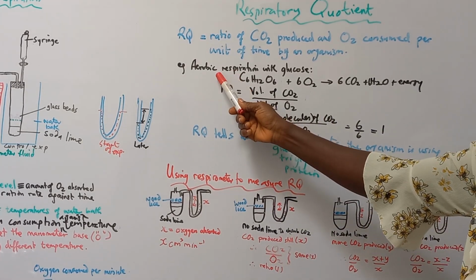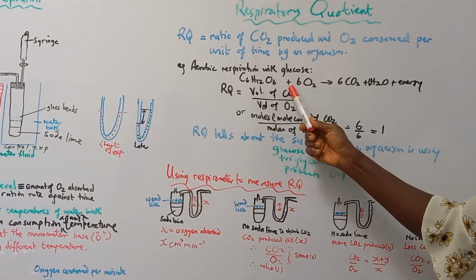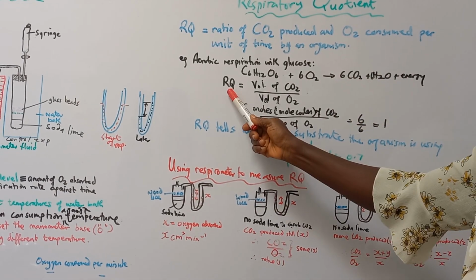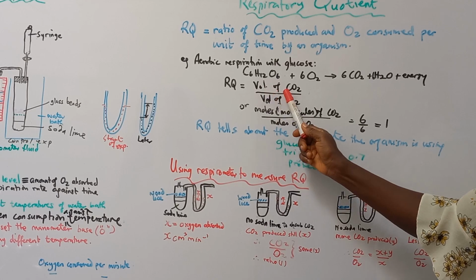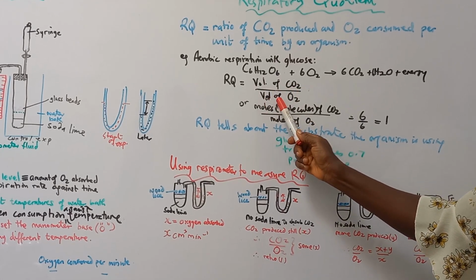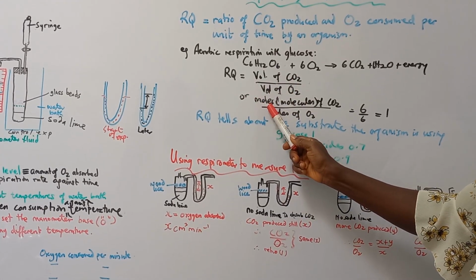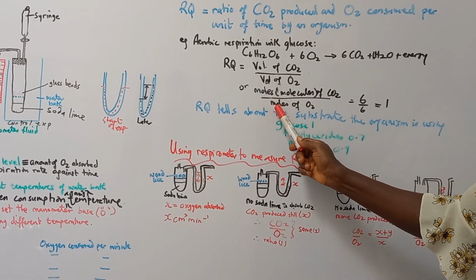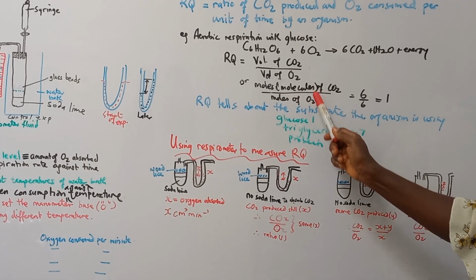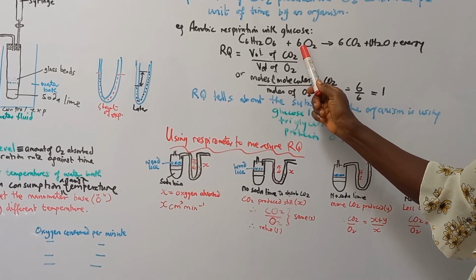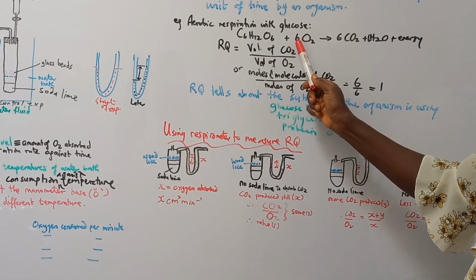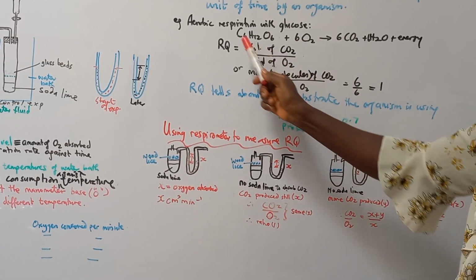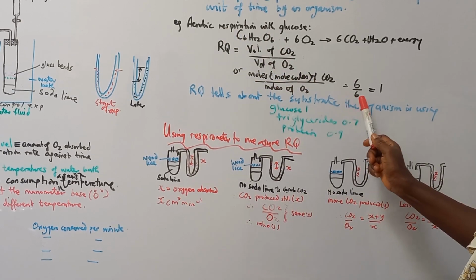So if we have aerobic respiration, glucose plus oxygen producing carbon dioxide and water, the respiratory quotient will be volume of carbon dioxide against volume of oxygen, or moles or molecules of carbon dioxide as against moles or molecules of oxygen. And you see that in aerobic respiration using glucose, carbon dioxide is 6, oxygen is 6. So the respiratory quotient for glucose is 1.